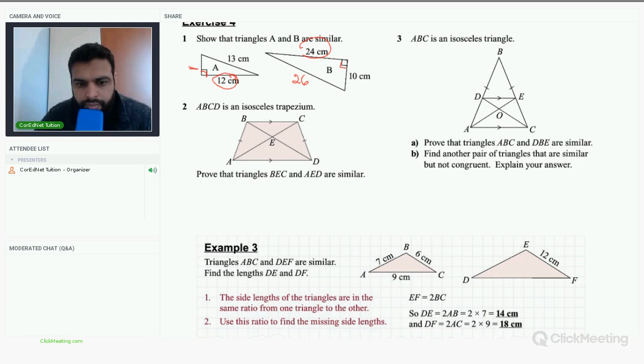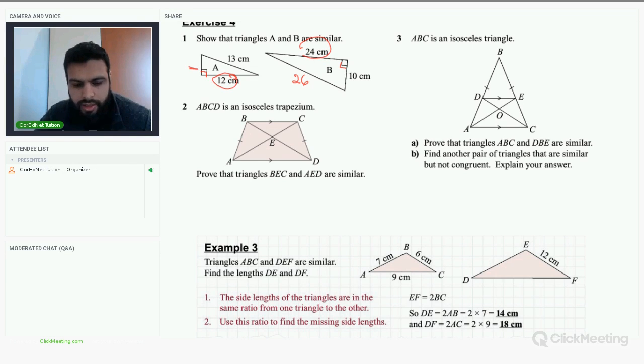So we could also work out from Pythagoras' theorem the missing side of triangle A. So we can say 13 squared take away the 12 squared will give us A squared, won't it?